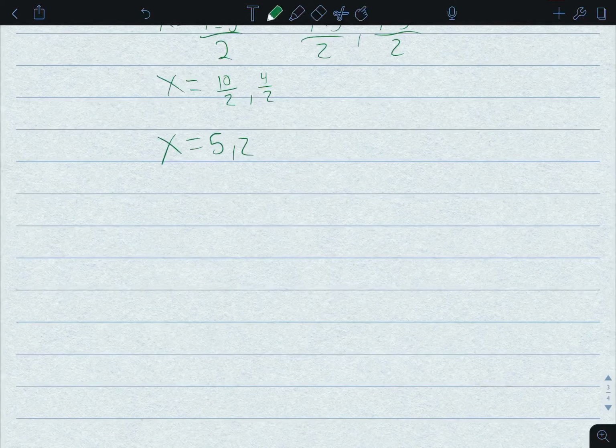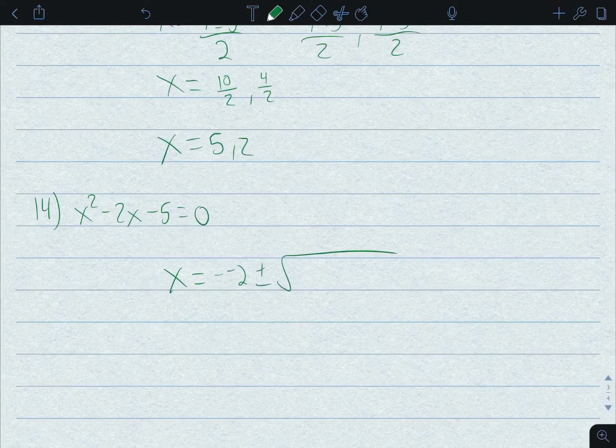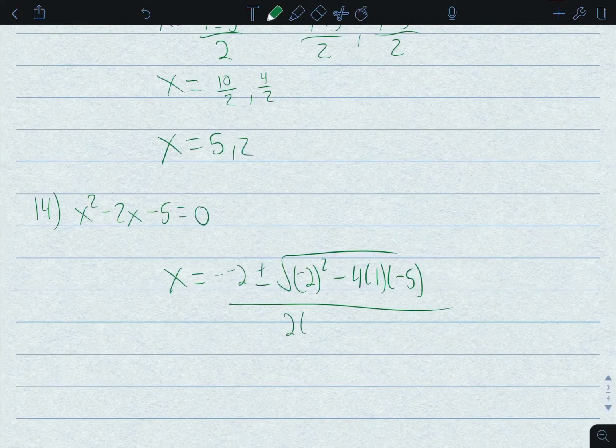Number 14. These are just examples. I'm not trying to do your homework for you. X squared minus 2x minus 5 equals 0. X equals negative b plus or minus the square root of b squared minus 4 times a times c, divided by 2 times a.